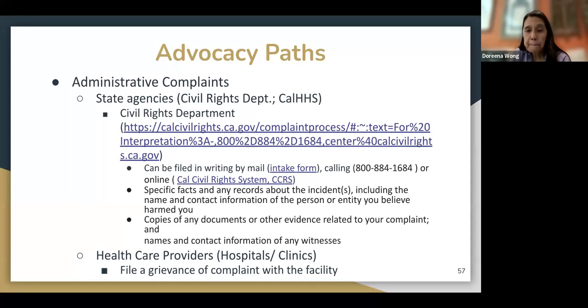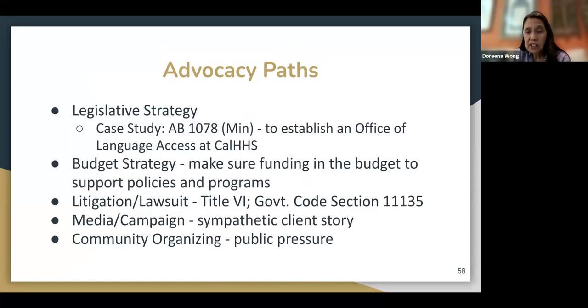Next slide. So there's different additional advocacy strategies that we wanted to quickly share with you. Besides the administrative advocacy, there's what we call legislative advocacy, right? That's when you try to create or amend laws to address the gaps and inequities, where advocates directly engage with lawmakers.